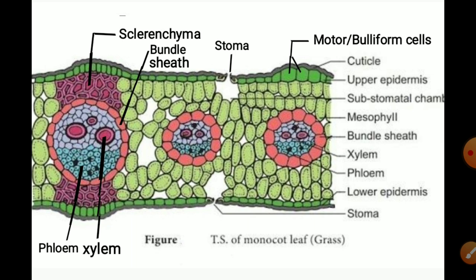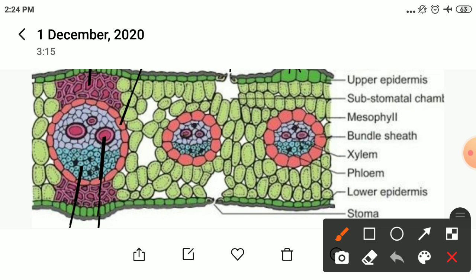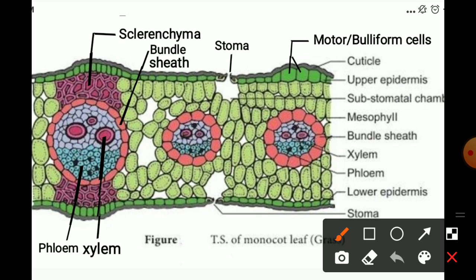So this is called rolling and unrolling of the leaves, brought about by the motor cells, which is the characteristic property of the motor cells.